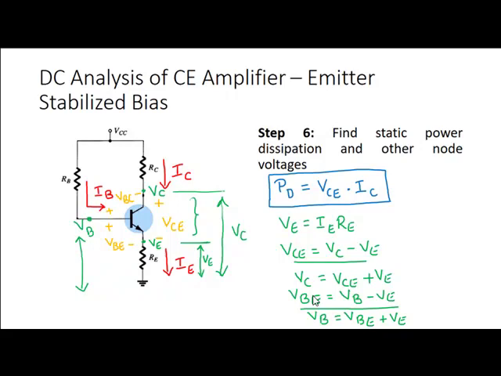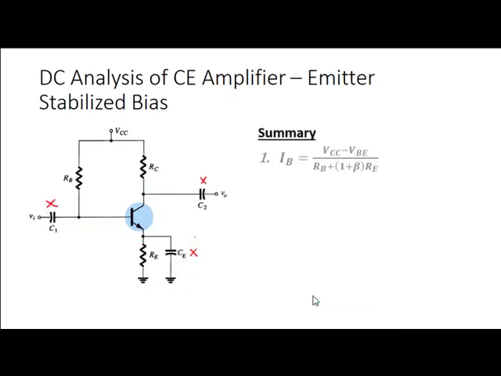Let us quickly summarize what we did. First, we removed all the capacitors to isolate the AC signal sources. Then we applied KVL to the input side loop and found out the value of IB, which is equal to VCC minus VBE divided by RB plus 1 plus beta times RE.